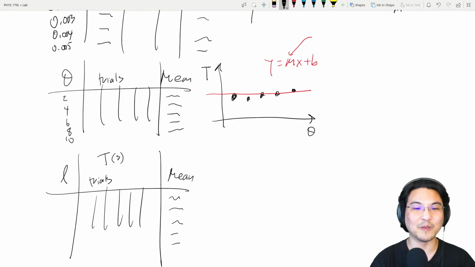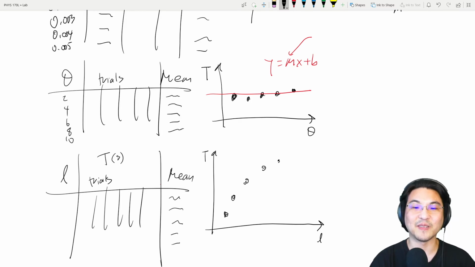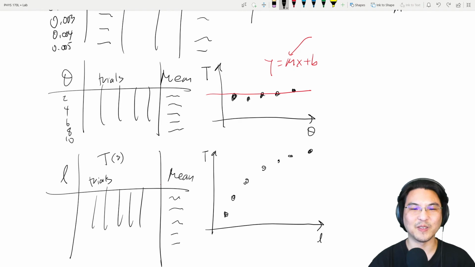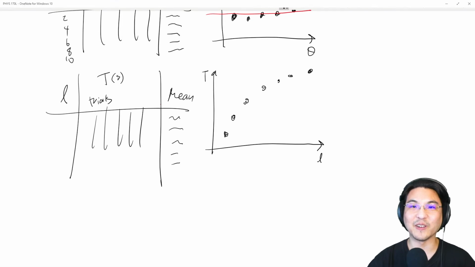Okay, now when you do this graph, it should look something more like this. It's not going to be horizontal, nor is it going to be linear. It's going to be some kind of curve. So you just want to see that curve, and then we want to linearize that.